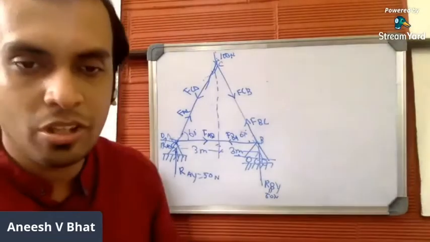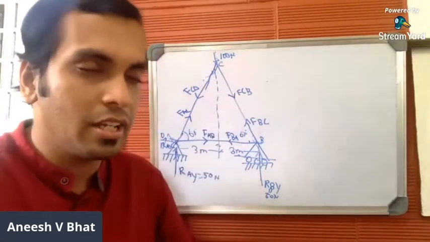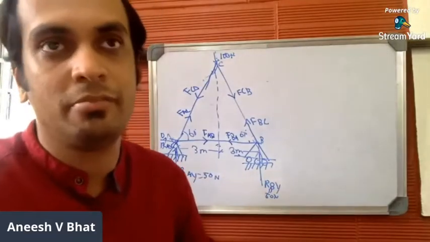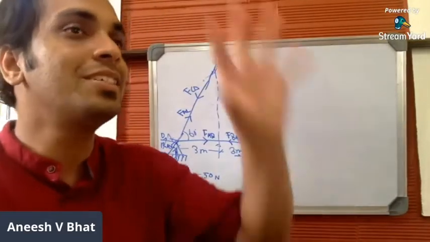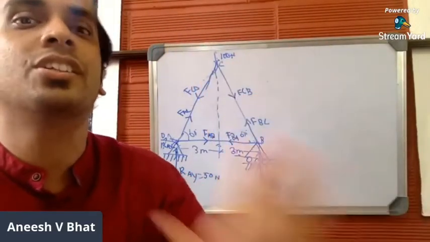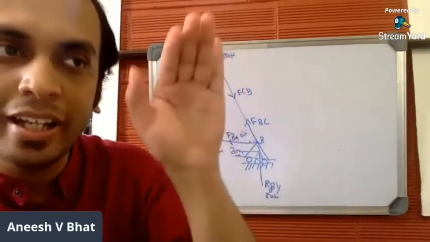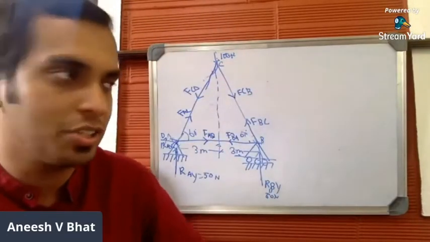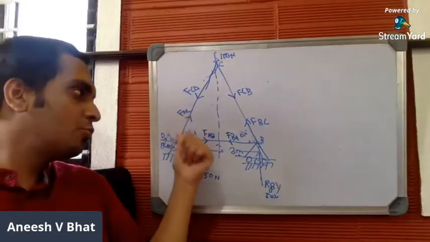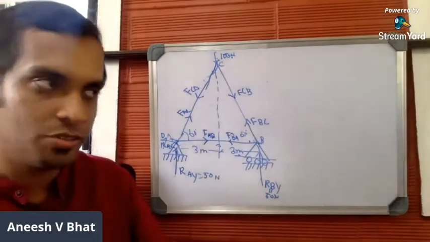When you consider joints, you have to remember that if there are a number of joints in the given system, consider that particular joint with the least number of connections first. So here, joint A has 2 connections, joint B has 2 connections, and joint C has 2 connections.